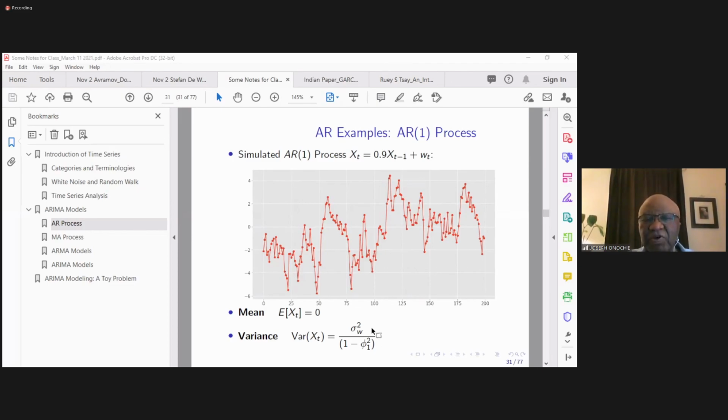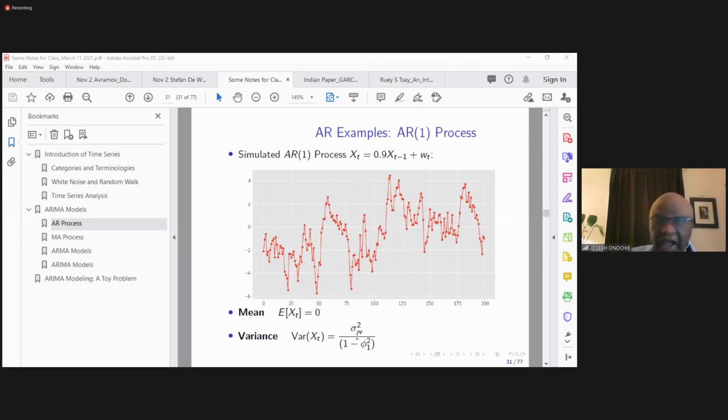All right. So next class, actually, this is what I'm going to do. Next class, I'll begin to show the autocovariance and autocorrelation process. I'll begin to determine for an AR1 process, what is the autocorrelation at lag 1? What is the autocorrelation at lag 2? What is the autocorrelation at lag 3?